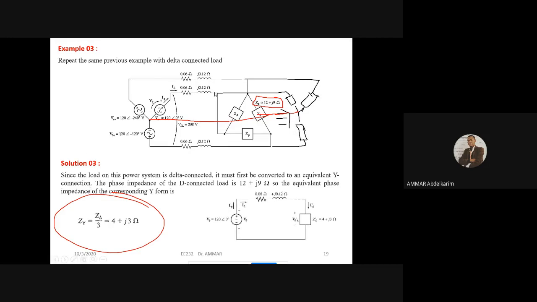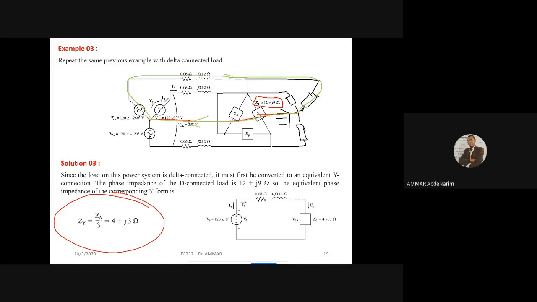When we represent that equivalent delta connection, it's not real, it's an equivalent, we are going to take the per phase circuit, for example, starting from this phase, passing by the transmission line, then passing by the load, then we return through the neutral.